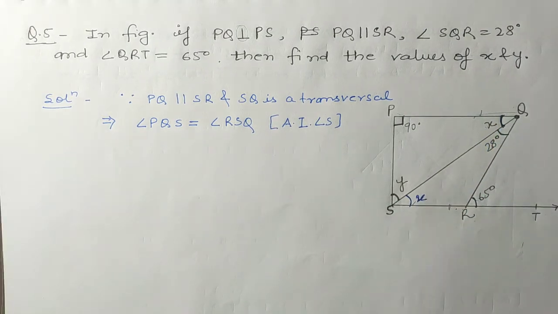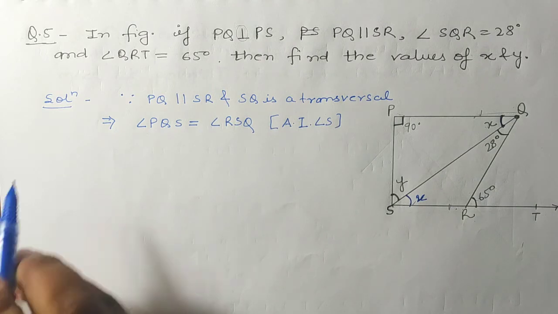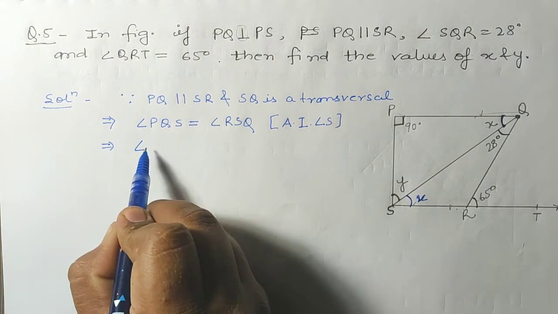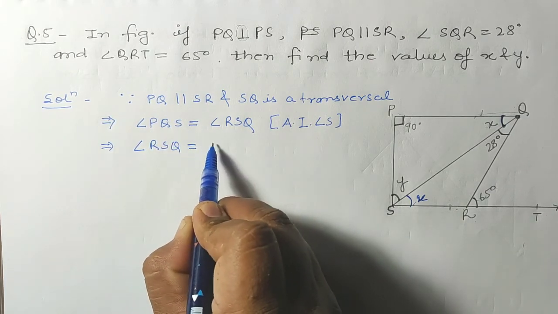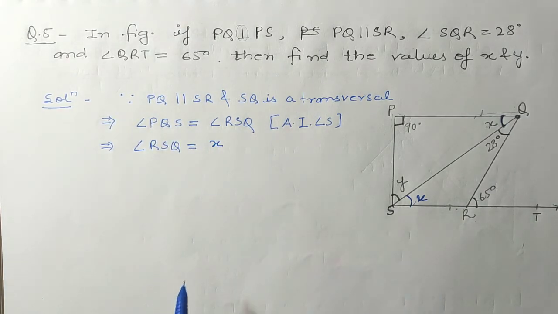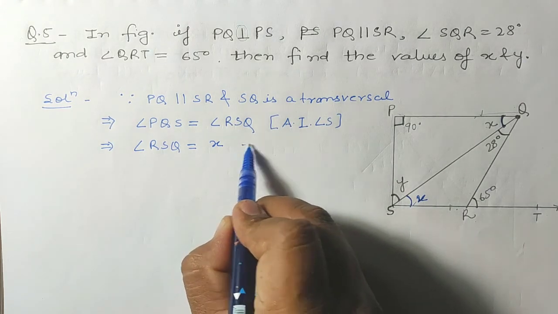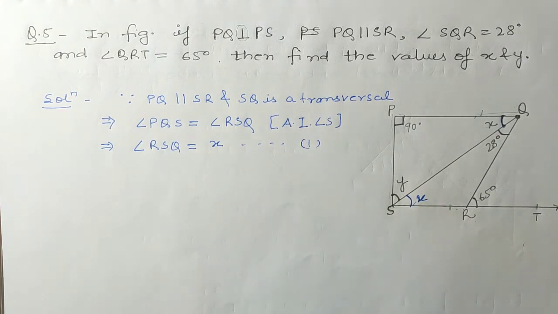So here it will imply that angle RSQ is also X. Okay, students. Now see, suppose it is 1. Earlier we have studied about the exterior angle property. What was that property?